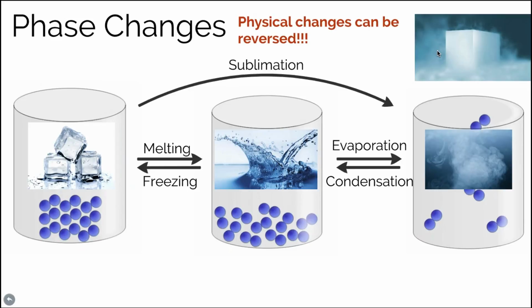The reverse of that is not as common: going from a gas straight into a solid is deposition, and it usually takes very large amounts of pressure. For that reason, it's not something we can easily see in everyday examples.